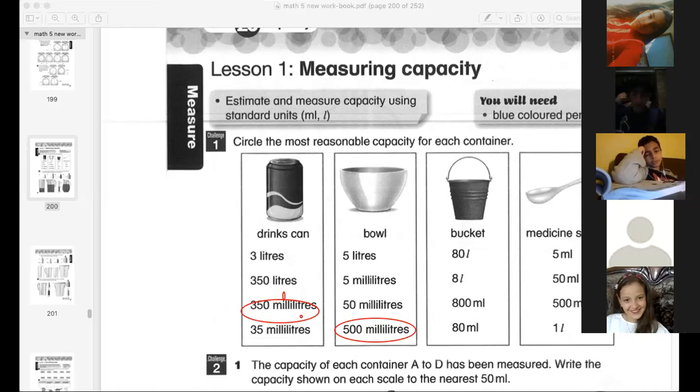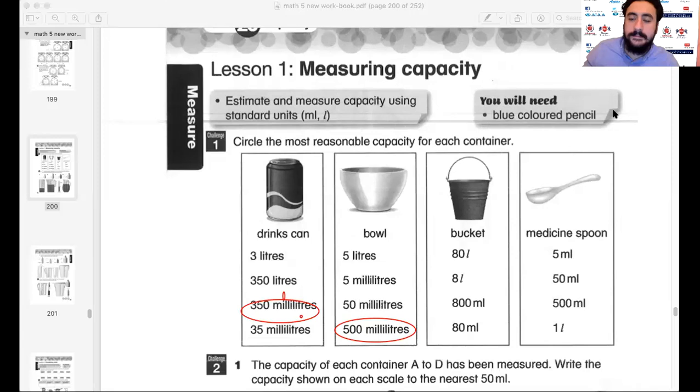Okay, Lujain, should I say 80 liter or 8 liters or 800 milliliter or 80 milliliter? 800 milliliters. When I talk about 800 milliliters, that means it's less than 1 liter.